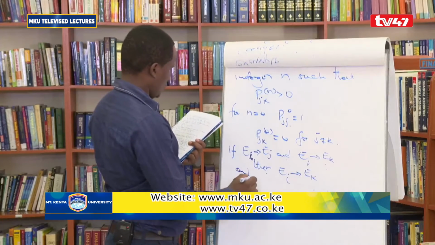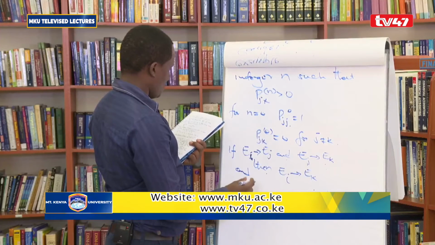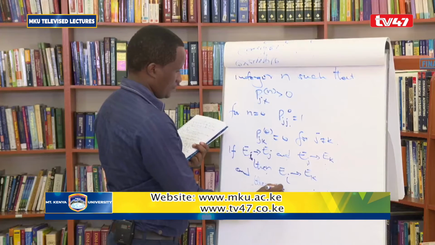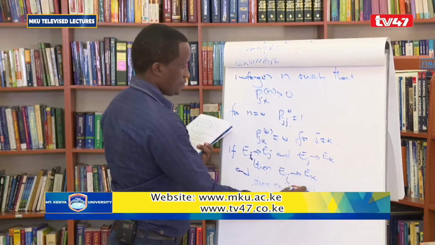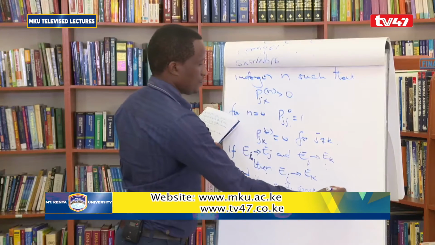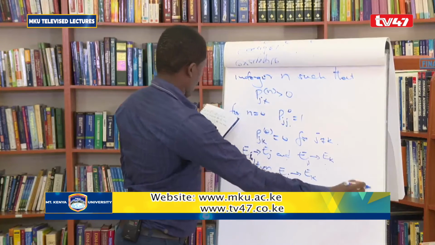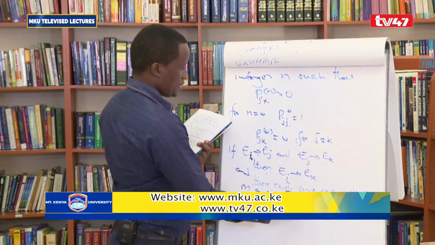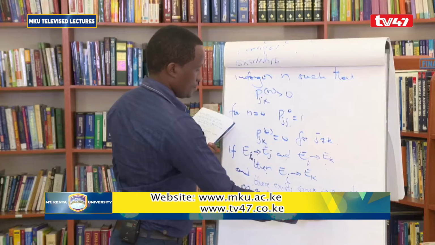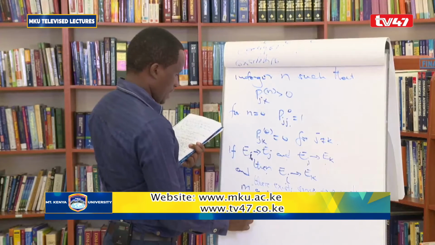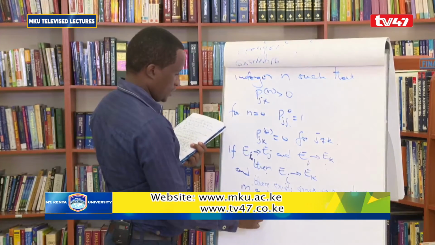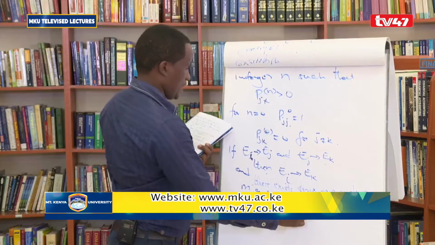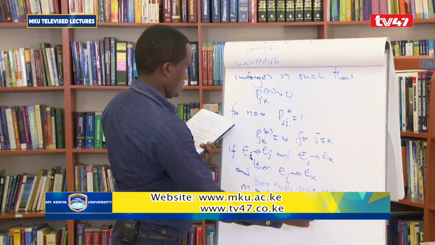So there exist some positive integers m and n such that p_ij^(m) is greater than 0 and p_jk^(n) is also greater than 0.